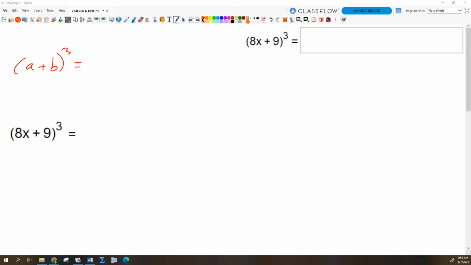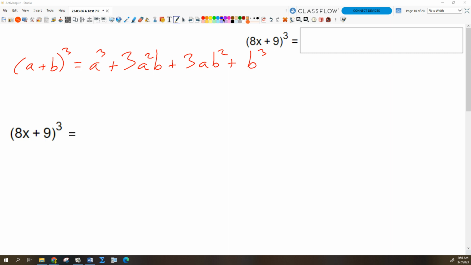So 1, 3, 3, 1. There you go. Okay, so first one is a cubed. What comes after the 3? A squared b. Okay, good. 3 a squared b to the 1, plus 3 a to the 1 b squared, plus 1 b cubed. There we go.